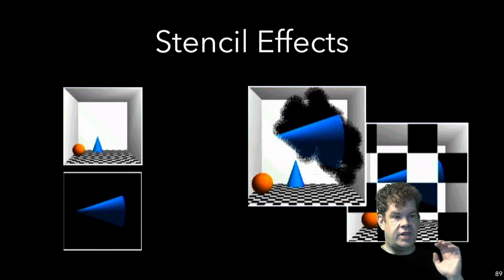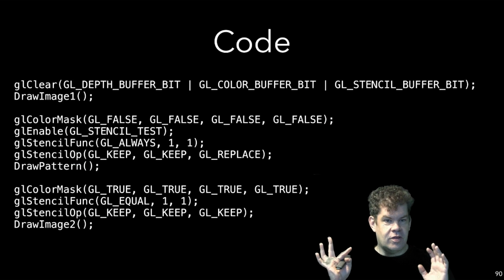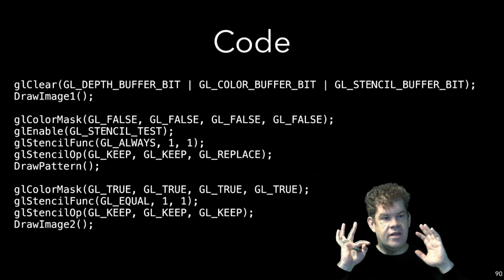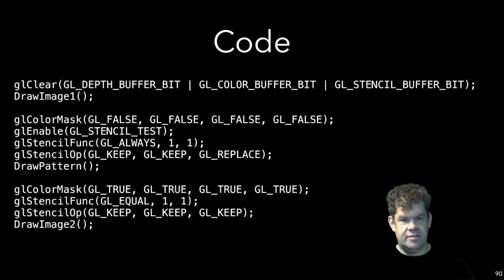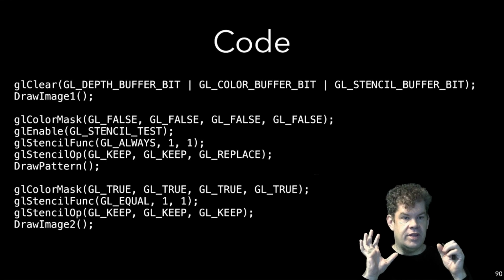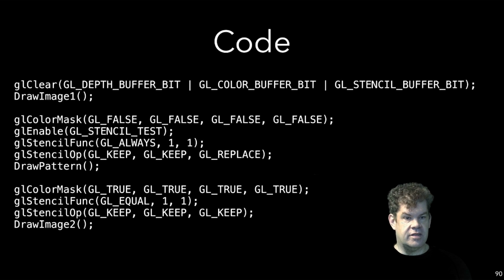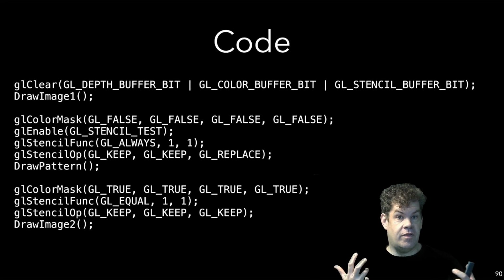Just to scare you a little bit, this is what it would look like in traditional OpenGL code. It's a pain, to say the least, but once you get used to it, it's okay. Those buffers are things you can clear on top of the color buffer.